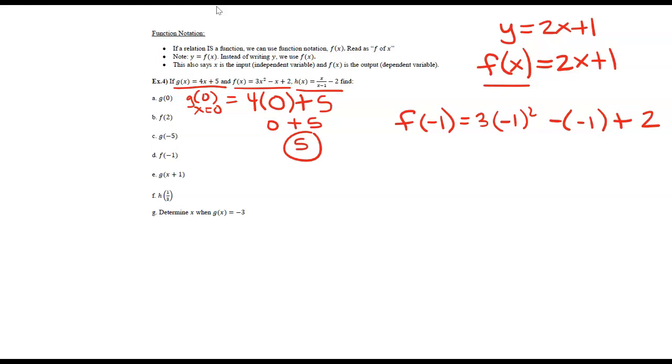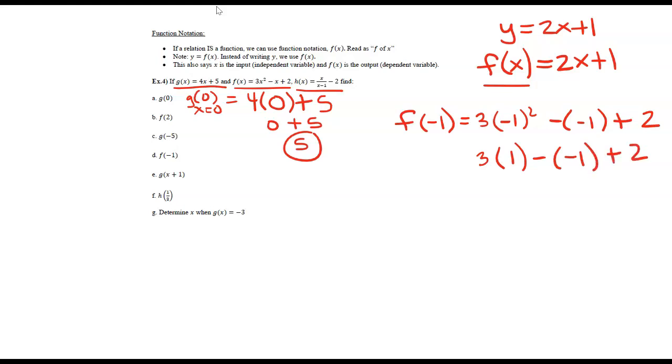So first parentheses, there's nothing to simplify inside the parentheses, and so next I'll move to exponents. It may be tempting to multiply 3 and negative 1. That's a very common mistake, so make sure you do exponents first, which would mean negative 1 squared. So we have 3 times negative 1 squared. Well, negative 1 squared would just be a positive 1.